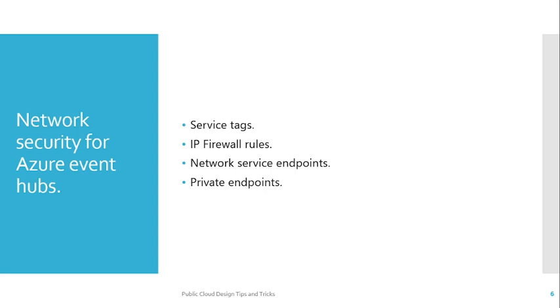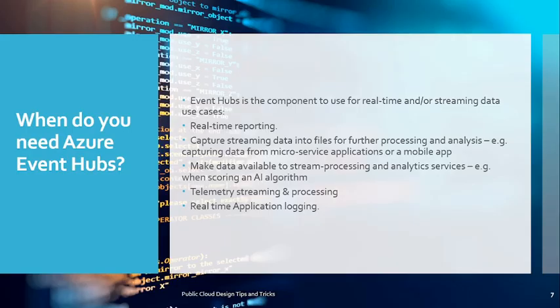That means your traffic will not go outside your private network. So all these network security capabilities are available with Azure Event Hubs. I am going to create a new video in an upcoming session where I will cover this networking part in detail.